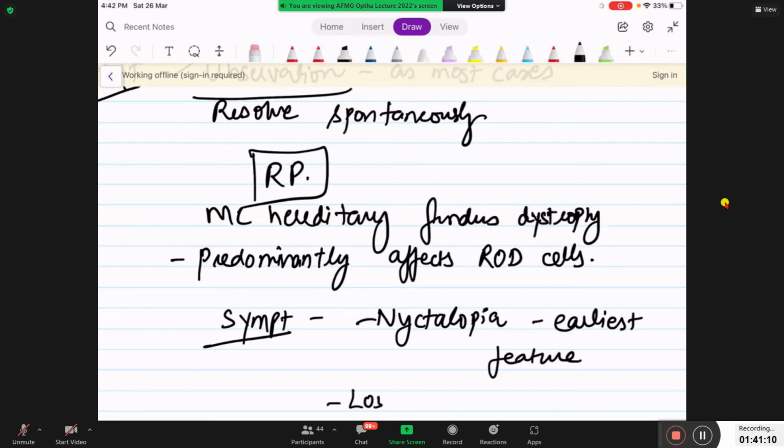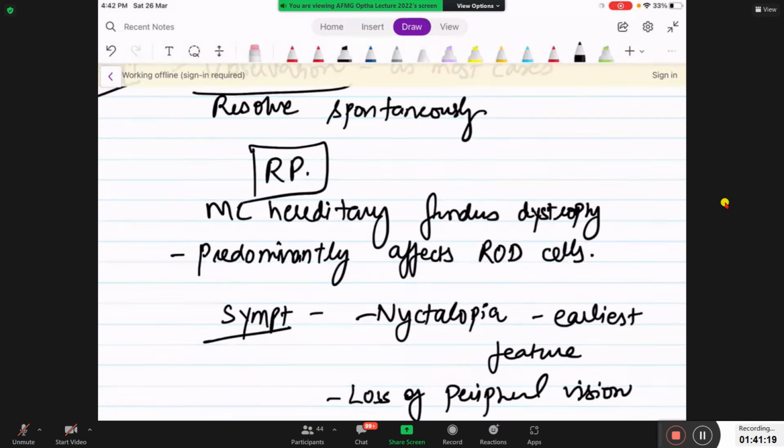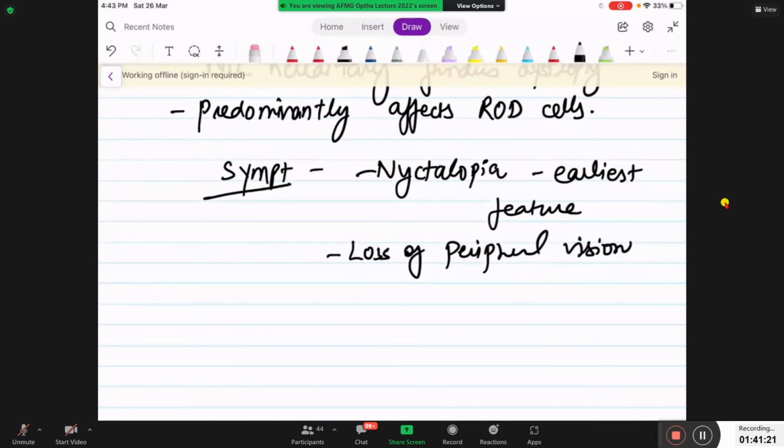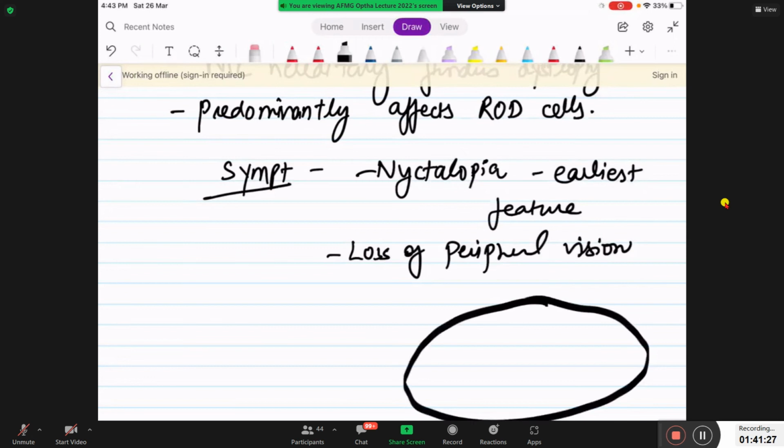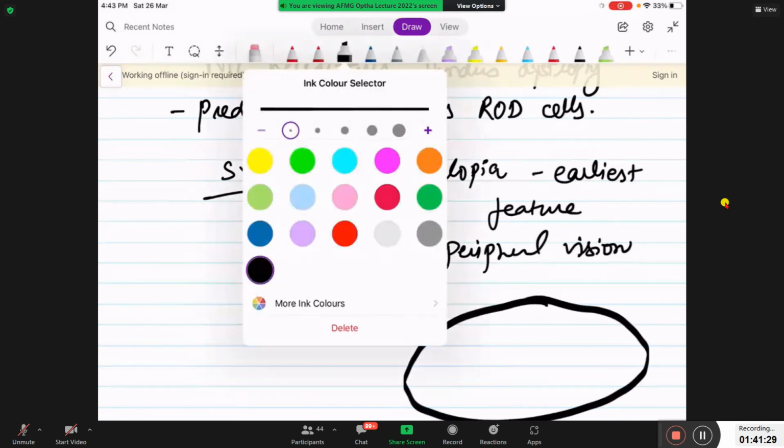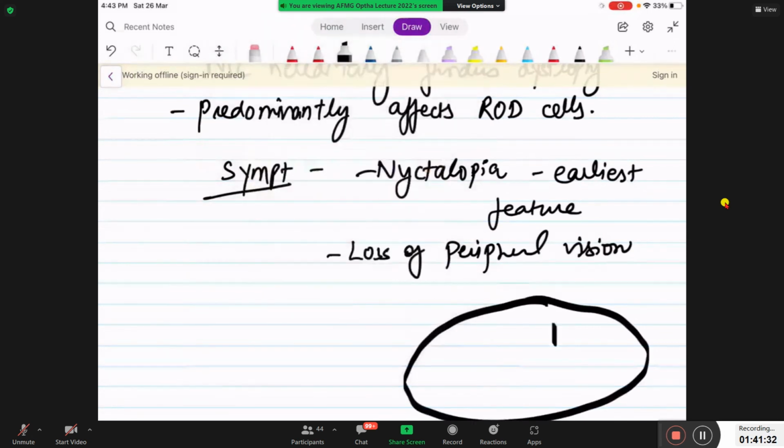Then there is loss of peripheral vision. Now, suppose this is your retina and there is loss of peripheral vision. This is the loss of peripheral vision.